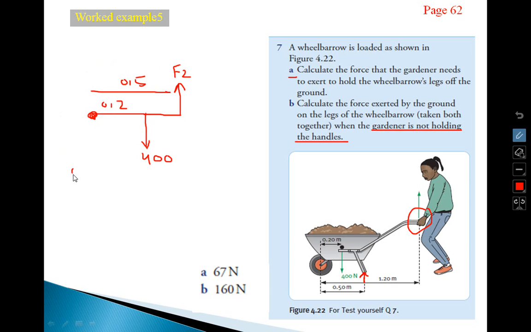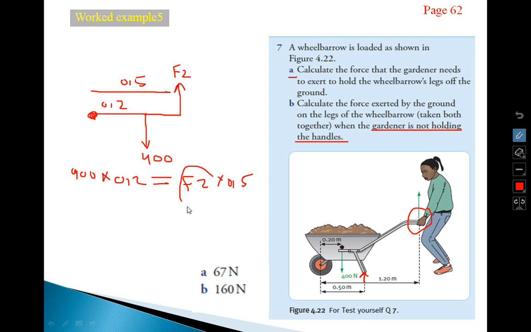So we have 400 Newton times 0.2 equal to F2 times 0.5.